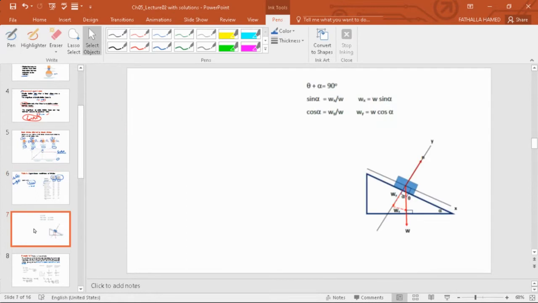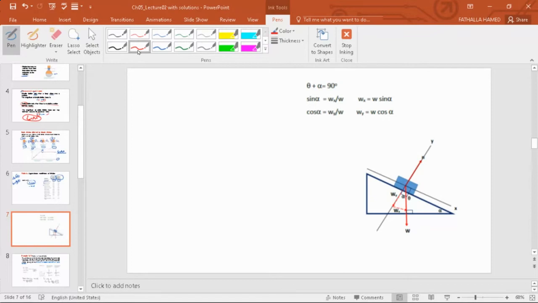Now, one point that I want to clarify before I move on to solving problems, which I dealt with in the last lecture, is when you have an incline. I think I got some questions on that as well. I told you, when you do your free body diagram and you want to take components, what angle does the weight make with the y-axis, which should be normal to the incline.